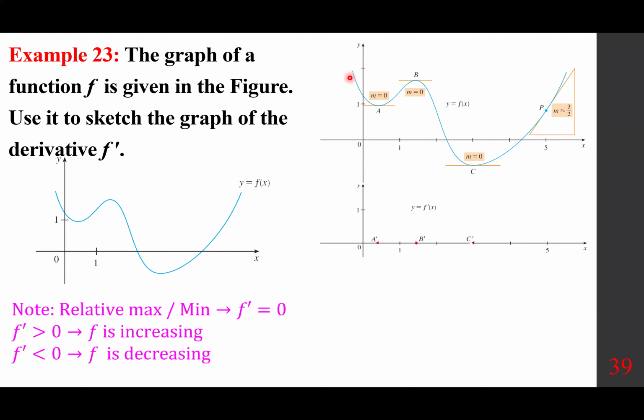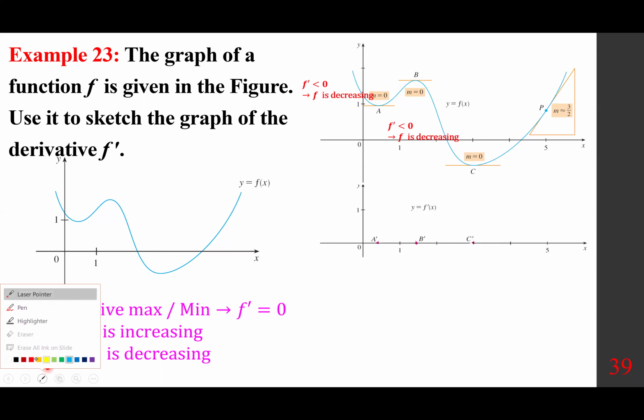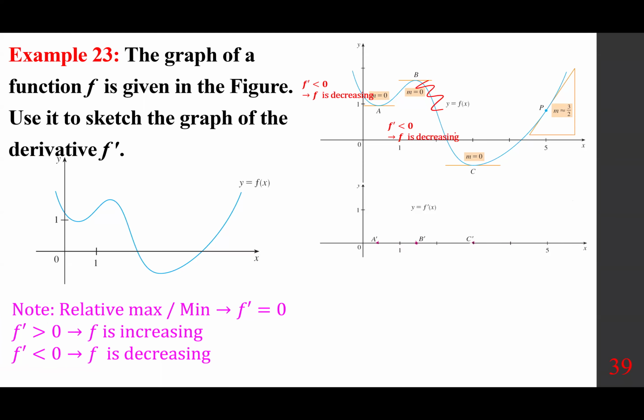Okay, the function is decreasing here, increasing here, decreasing here, increasing here. So let's look at the decreasing part. In between, notice at B we get 0, at C we get 0, and decreasing means f prime is negative, so it has to go below the x-axis, but it has to come back up, back to 0. So for this part, it'll look something like this.